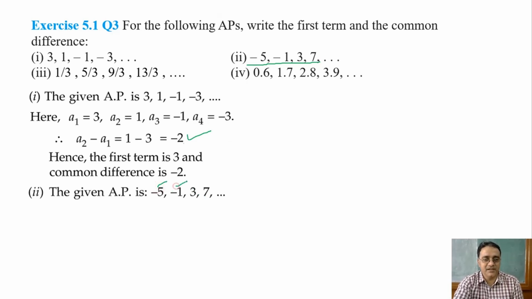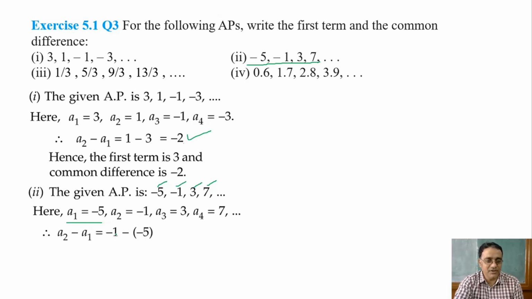A1, A2, A3, A4. So what is the first term here? -5. Now how will you calculate D? A2 minus A1. So minus of -5 it will become plus. So -1 plus 5 कितना होगा? 4. Right, 4.